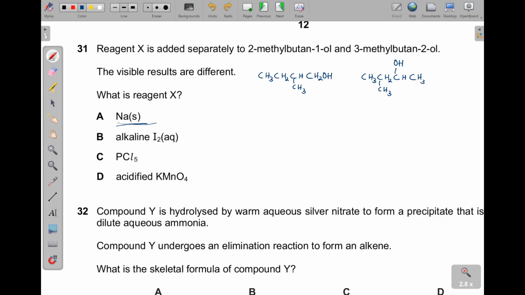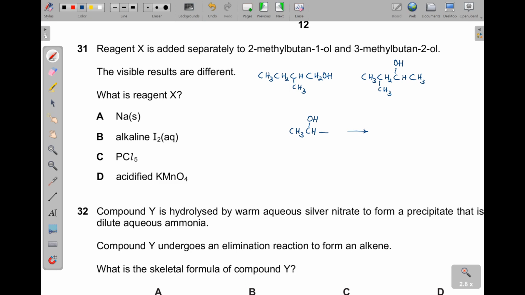Okay. Then next, we are having alkaline iodine. This one gives a positive test. Since these are alcohols, an alcohol must have this group here, CH3CH, then OH. If this group is available for any alcohol, in other words, that secondary alcohol, then it can give a positive test.